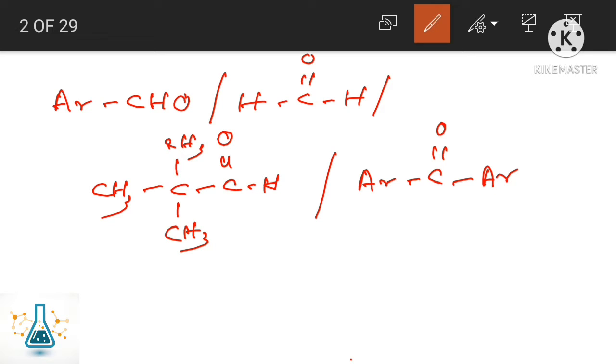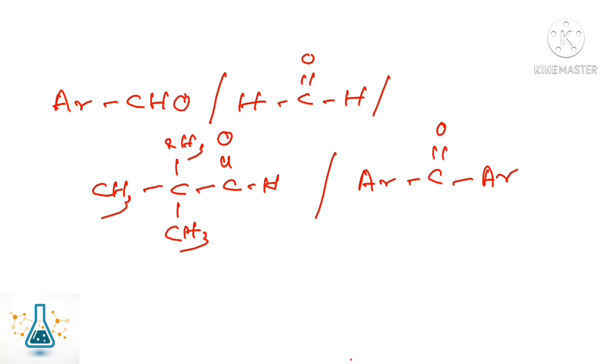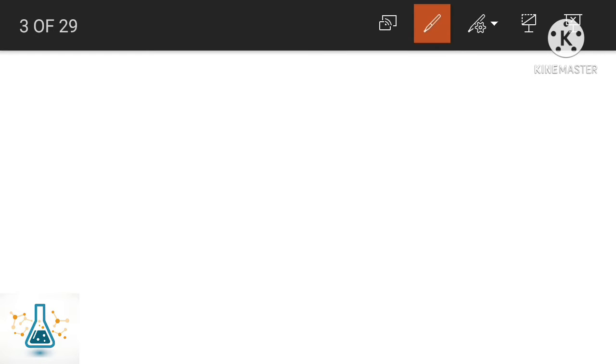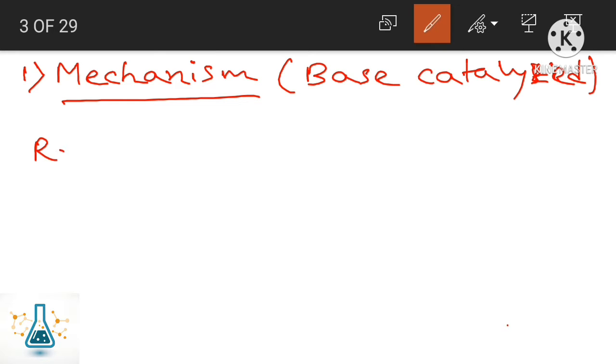Okay, now we will see the mechanism of the aldol reaction. The base catalyzed mechanism. The first step is RCH2COR prime, this type of compound, in the presence of base.